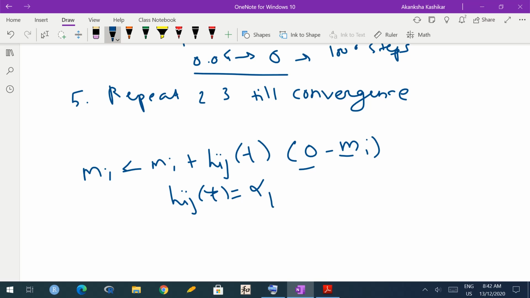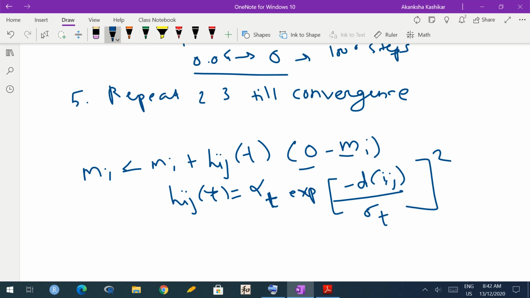So alpha(t) is the learning rate at that time point, at that step wherever you are in the iteration, times e raised to minus d_ij upon, say, sigma(t) squared. You can take something like that. So if the distance is high, then h_ij would be low, because that cluster should be less affected by the introduction of a new observation in the jth cluster.